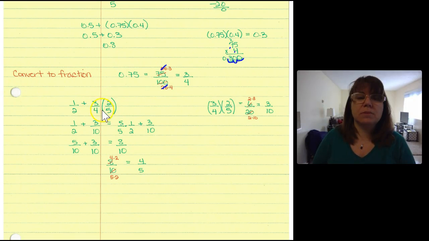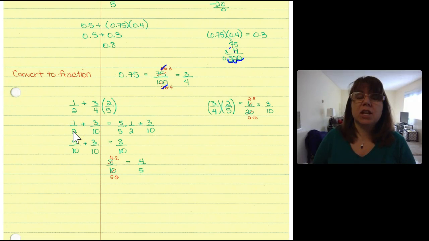Well, 3/4 times 2/5, that's going to be 3 times 2 is 6, 4 times 5 is 20, and I can reduce the 6/20ths to 3/10. My problem becomes 1/2 plus 3/10. I have to find a common denominator for my fractions.